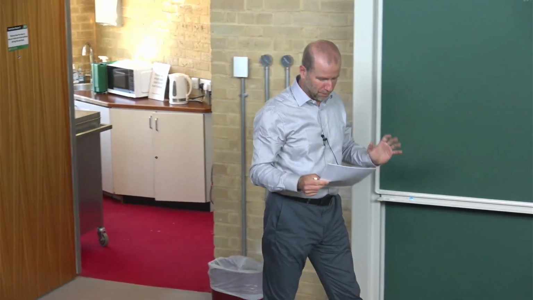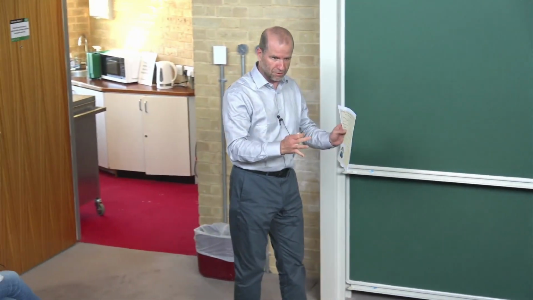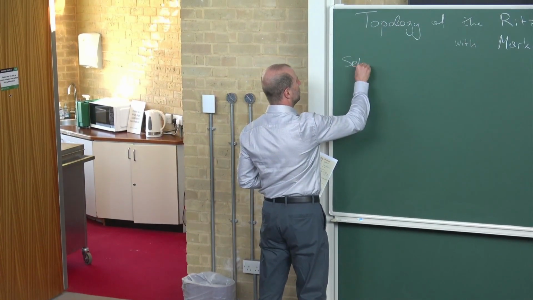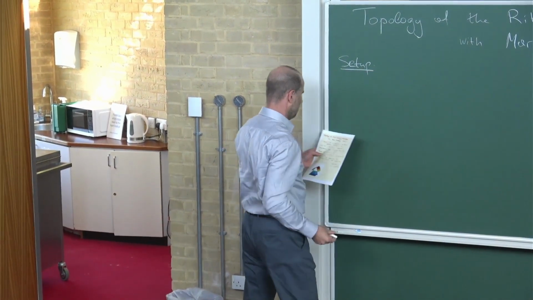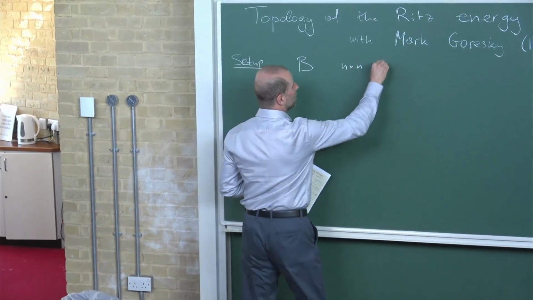So in the best traditions of mathematics, let me just state the problem straight away. The setup is as follows. I have an n by n Hermitian matrix.